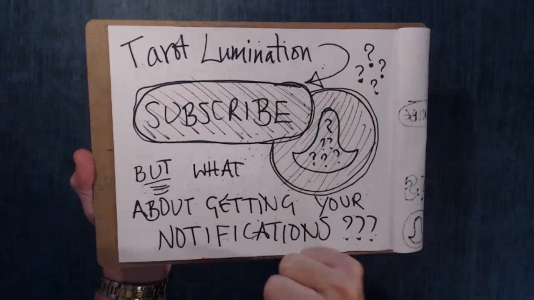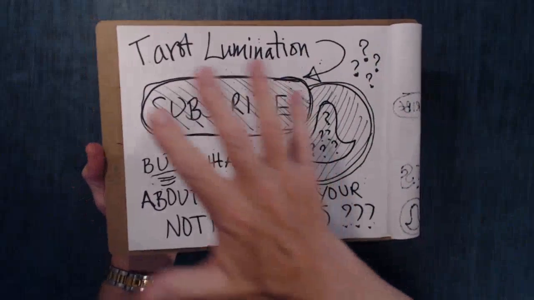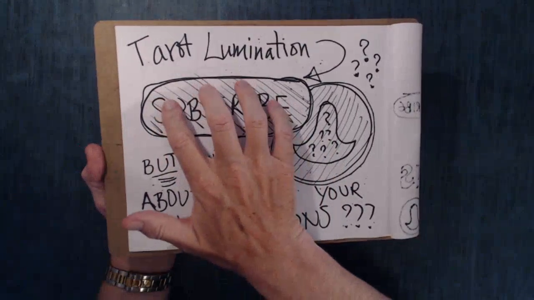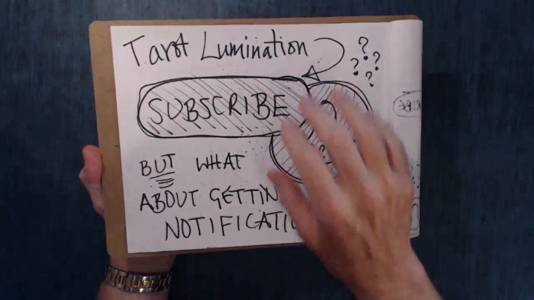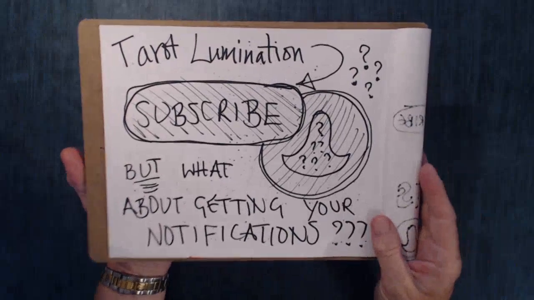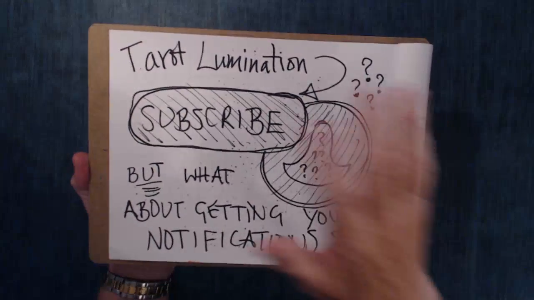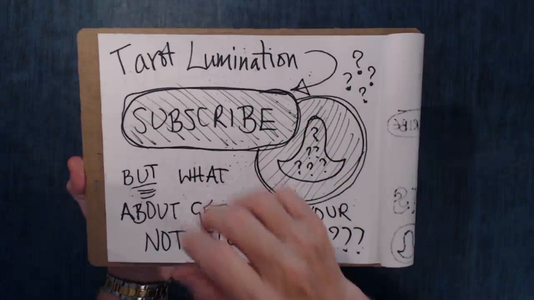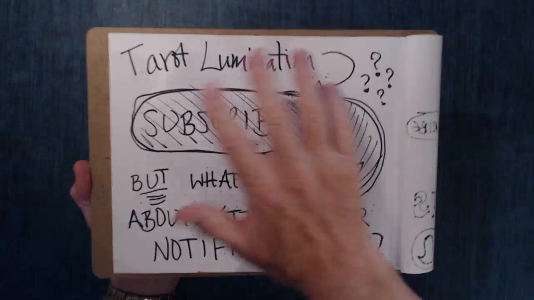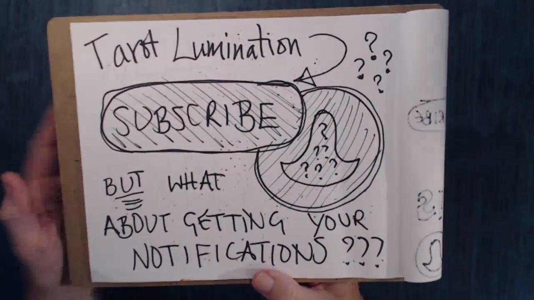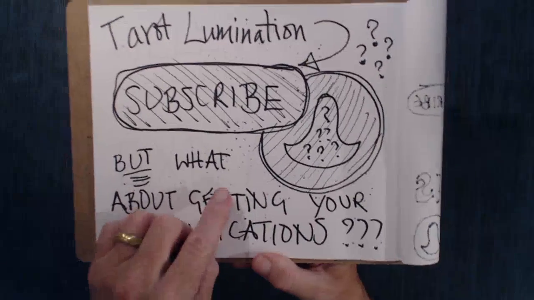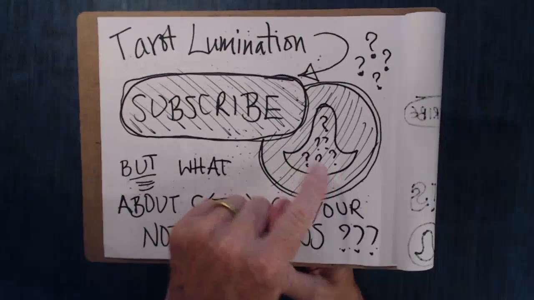You have to figure it out for yourself, and I'm trying to help you because I need subscribers, and I need my subscribers to have all their notifications when they want them, okay? So here's what happens. Let's say you figured it out just by nature or instinct or sheer luck, or maybe because of watching this how-to video. What about getting your notifications, okay? So you think, well, I don't know, I'll press this.